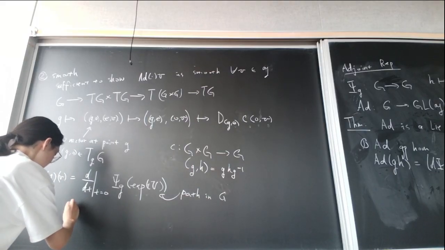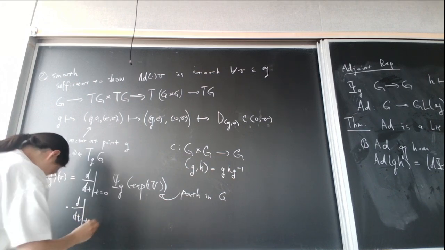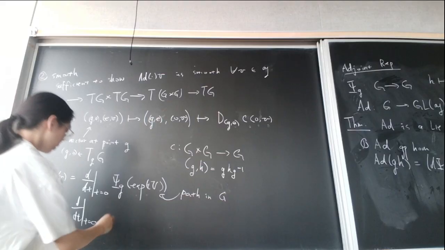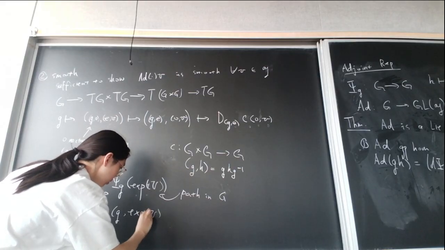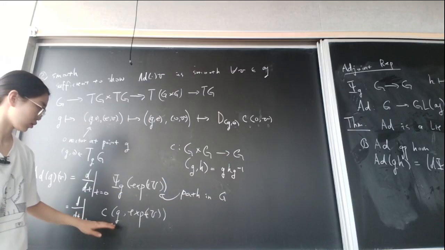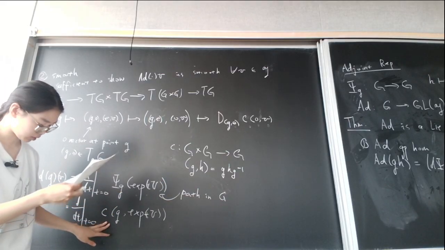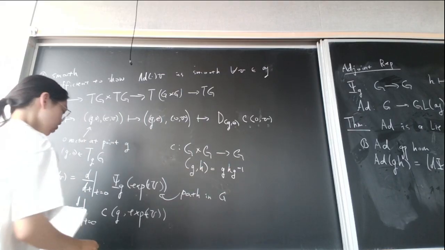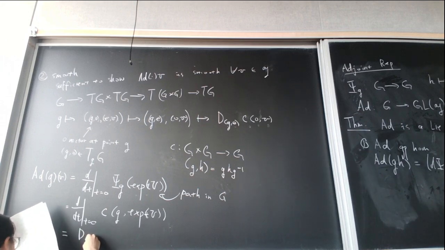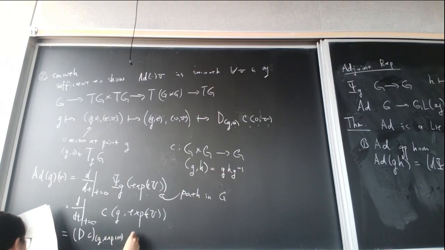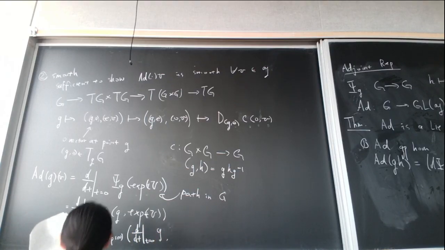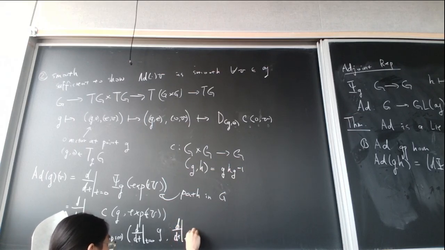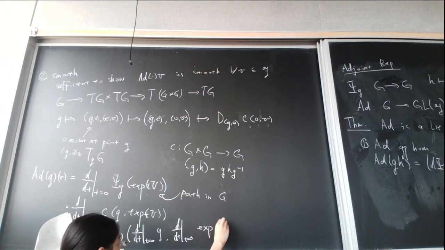And this is equal to C, by definition, and we apply the chain rule, so you have the derivative of C at G, comma exp 0, and then you have d dt at t equals 0 of G, and d dt at t equals 0 of exp tV.